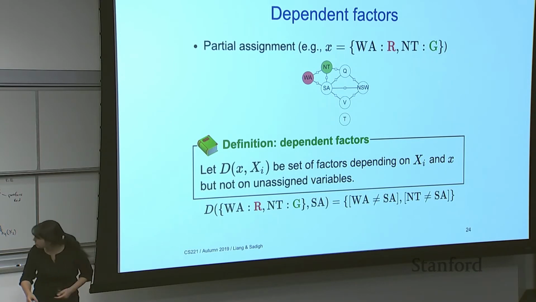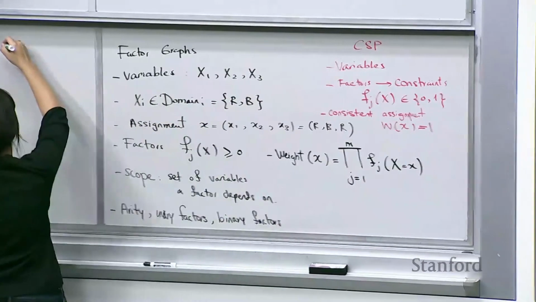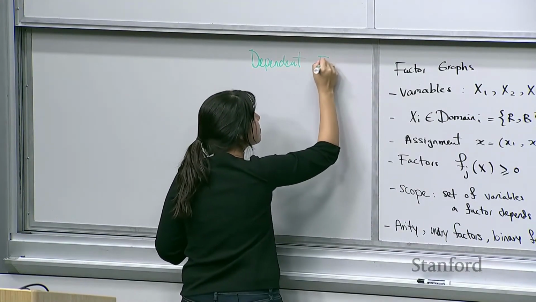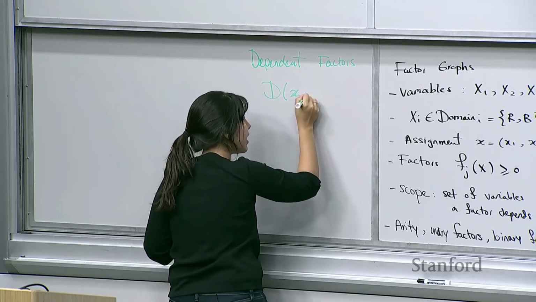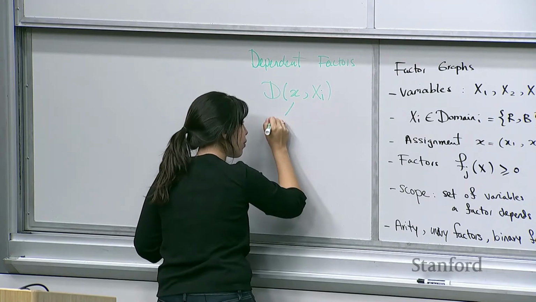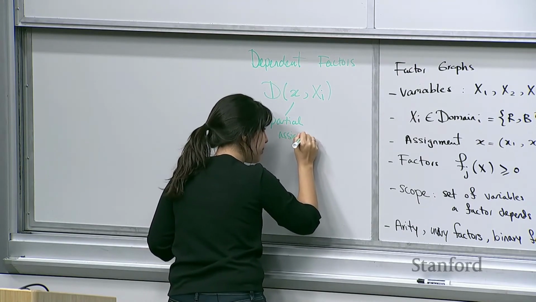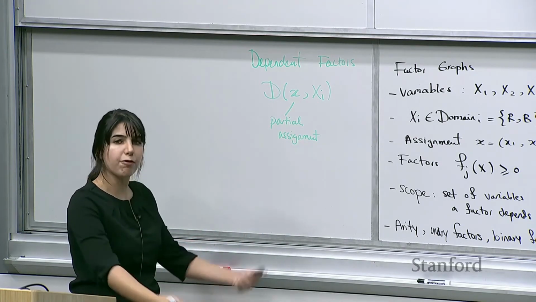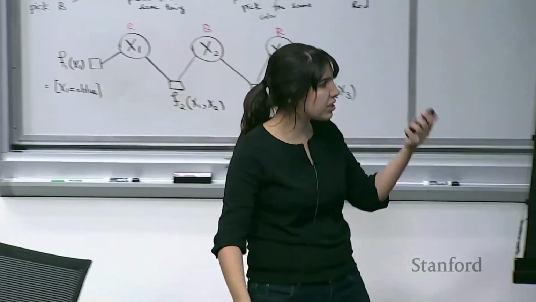So let me write that somewhere. It's D of x and xi, where x is a partial assignment and xi is a new variable I'm picking. Dependent factors is going to return a set of factors that depend on x and xi.